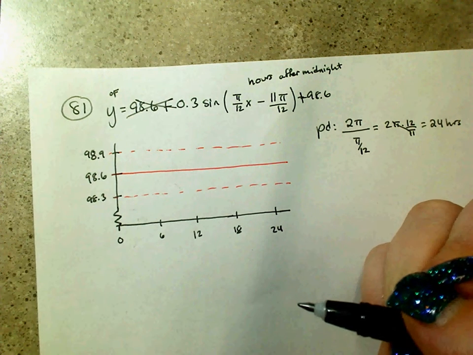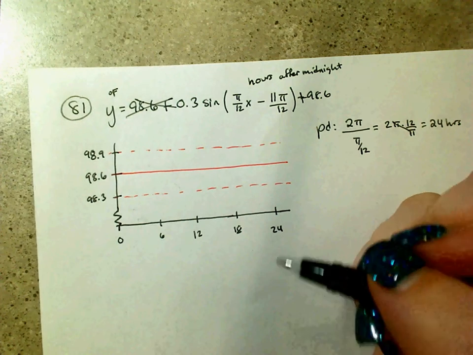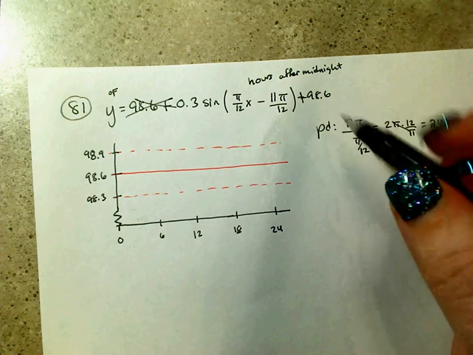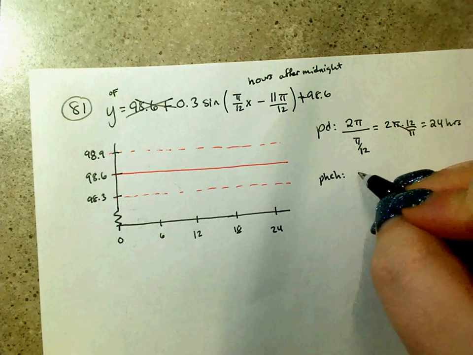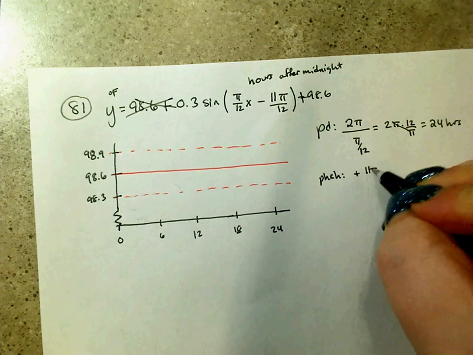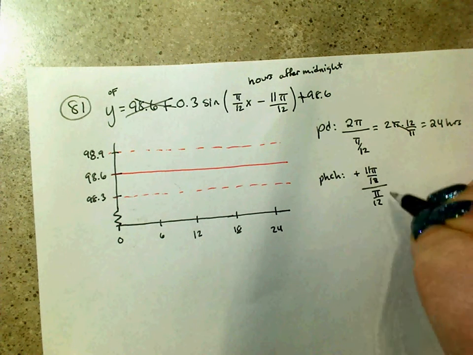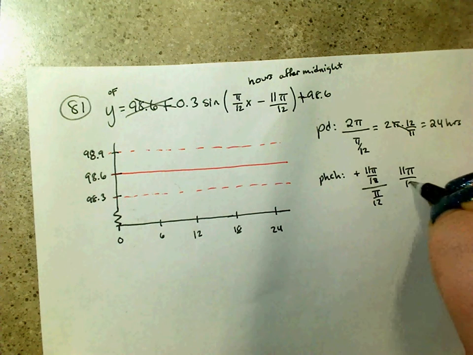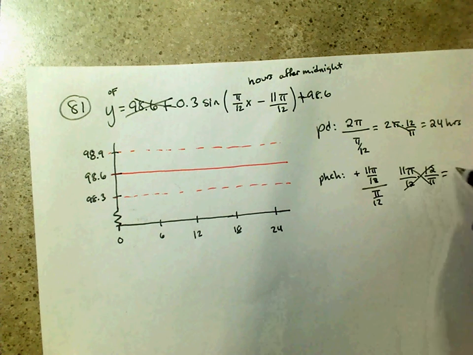Okay, so this is a sine wave and a phase shift. So phase shift is negative c over b, so plus 11 pi over 12 over pi over 12 means 11 pi over 12 times 12 over pi, which means 11 hours. So we're going to shift it to the right 11 hours.